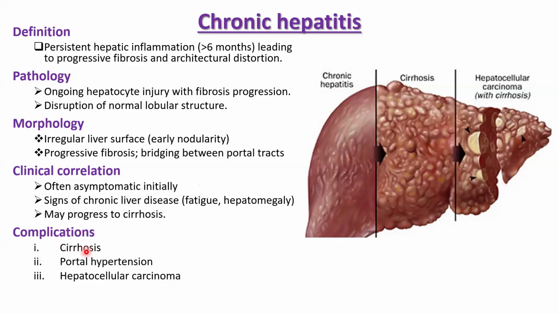One, it may progress to cirrhosis. Two, it will lead to portal hypertension, and I'll show you why. And then it will lead to hepatocellular carcinoma. So kindly get vaccinated against hepatitis.